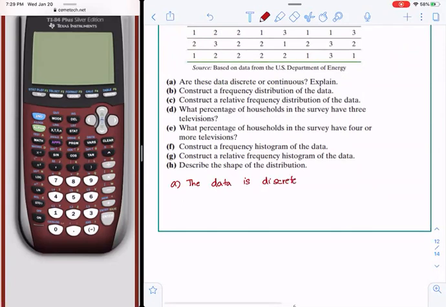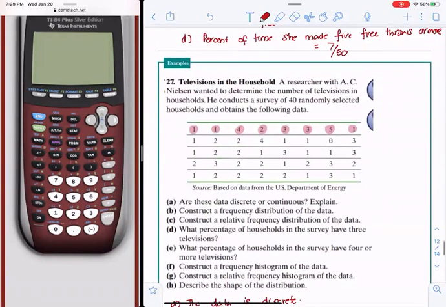A hint here would be, if you read the question, it says the number of televisions. Anytime you have a count of some sort, that would be discrete data. You can't have 1.5 televisions. You can't have 3/4 of a television. You can't have 1/7 of a television.